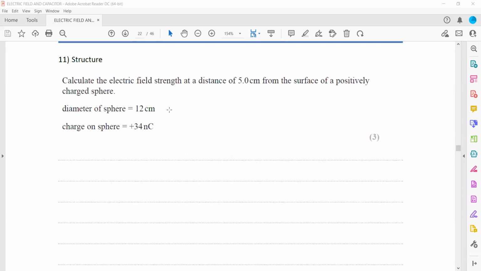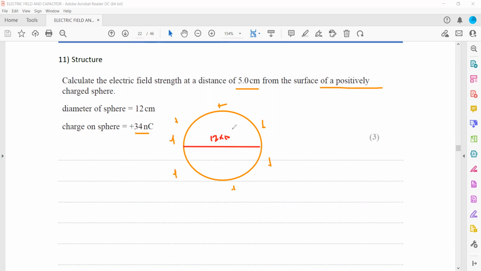In question 11, we have to calculate the strength of the electric field at a distance 5 centimeter from the surface of a positively charged sphere. The diameter of the sphere is 12. Like this is a sphere which is positively charged. The charge on the sphere is 34 nanocoulomb, and the diameter of this sphere is equal to 12, which is 12 into 10 to the power minus 2 meter.